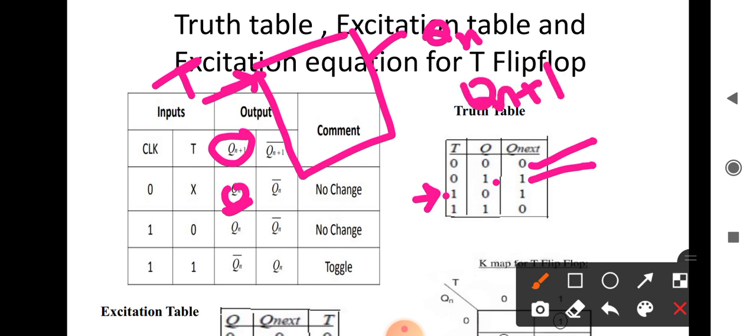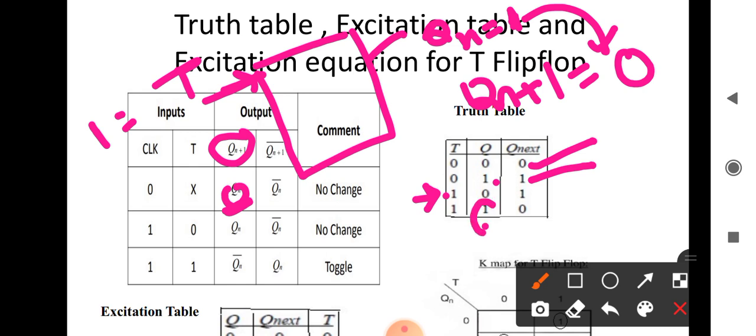Qn next means Qn plus 1. When T is equal to 1, the Qn may be 1. But what happens to the Qn next? It is the complement of this present state. Say it may be 1, but the complemented value of the output is 0 here. Okay.